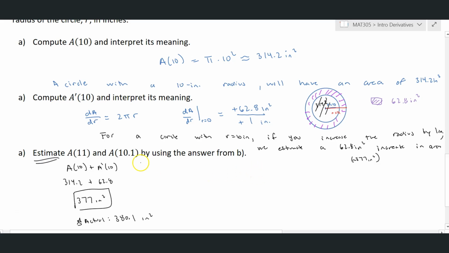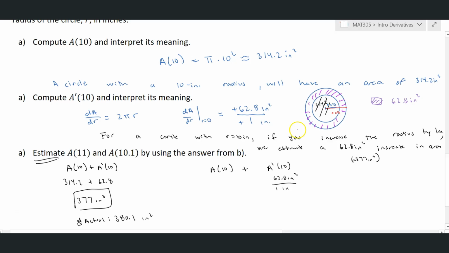It's not exact. Now to get A of 10.1, well, let's see, if I took A of 10, I don't want to just add A prime of 10, right? Because this represents the number of square inches, and this represents that 62.8 square inches, but that's for a 1 unit increase in the radius.